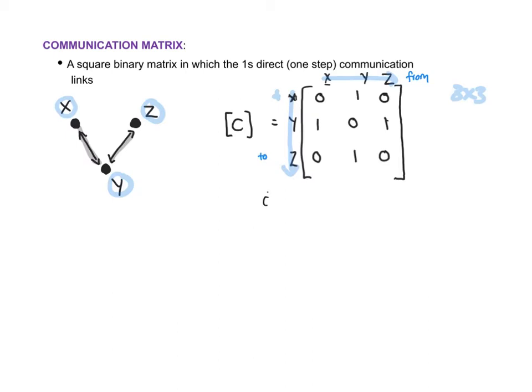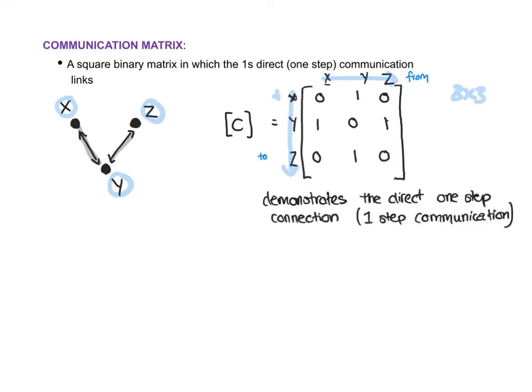What we've just done demonstrates the direct, one-step connection between these 3 people. I've used the letter C to indicate the matrix, and this is the one-step direct communication.